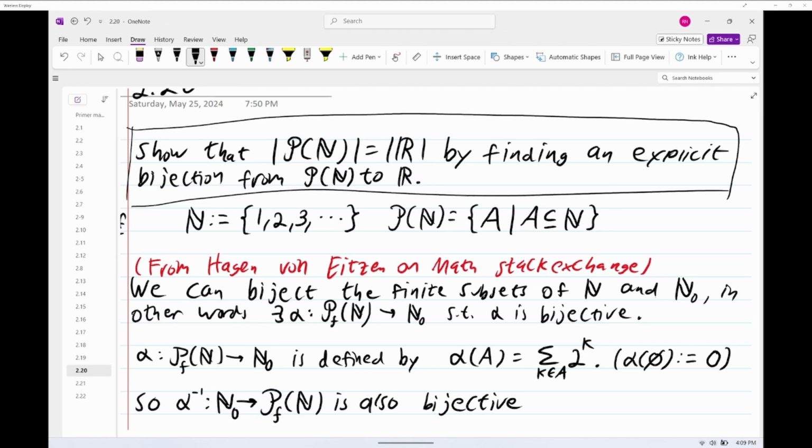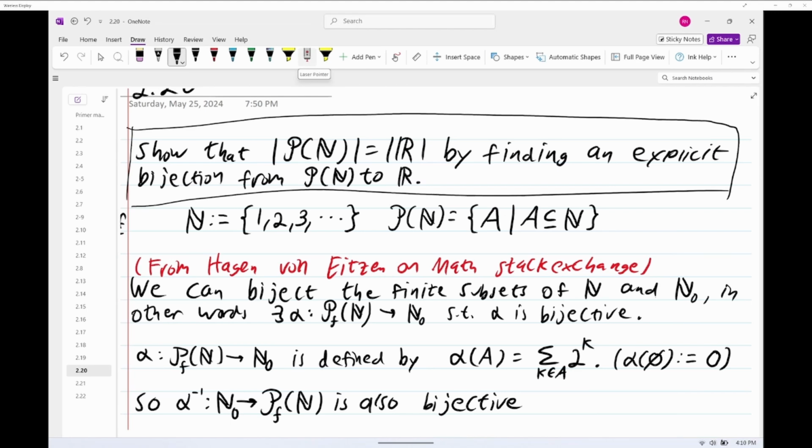So how are we going to do this? We can biject the finite subsets of N and N naught, which is the naturals and also 0. So there is a bijection from P_F(N), the finite subsets of N, to the naturals with 0.